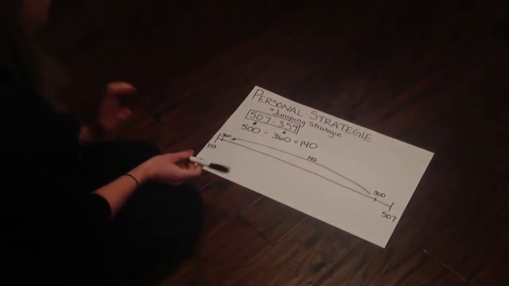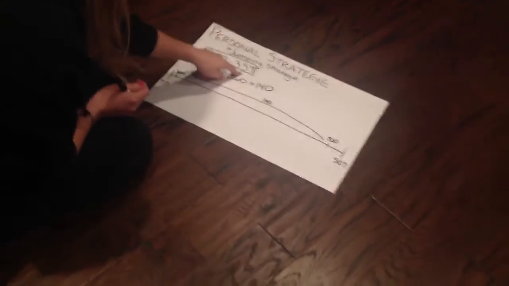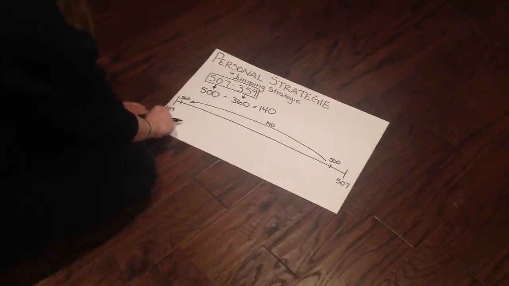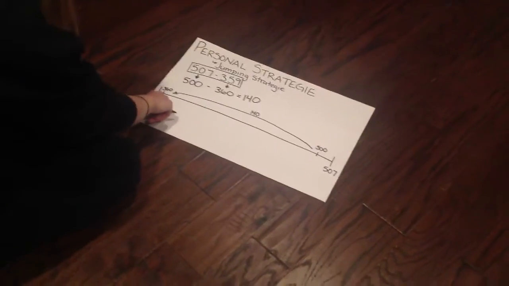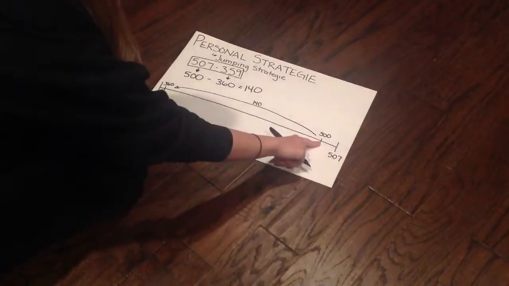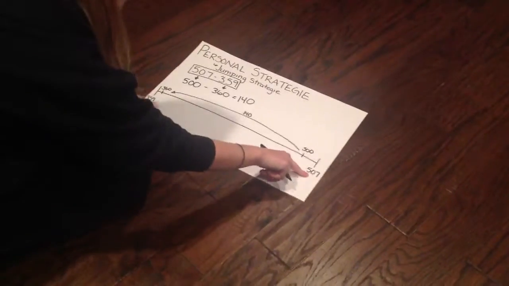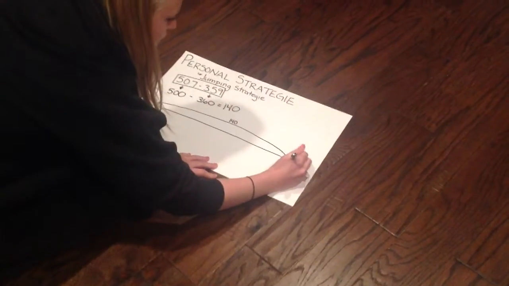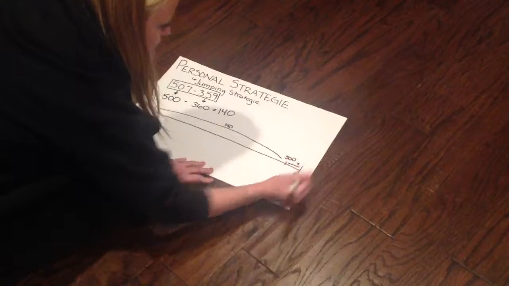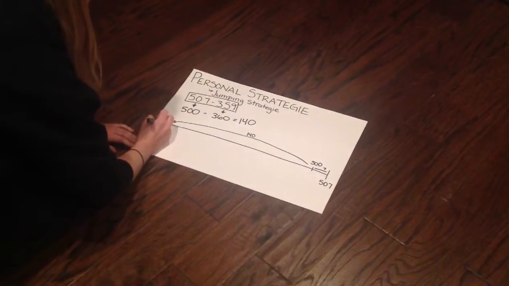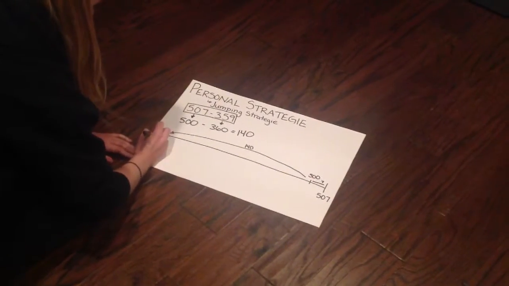So since we are trying to solve 507 minus 359, I need to find my distances between 359 and 360, 500, and 507. So, my distance between 500 and 507 is 7, and my distance between 359 and 360 is 1.